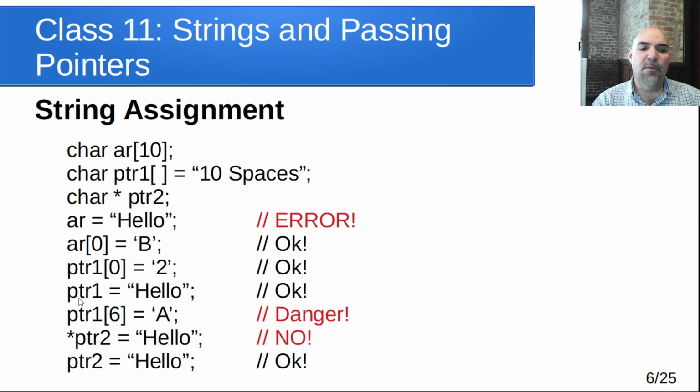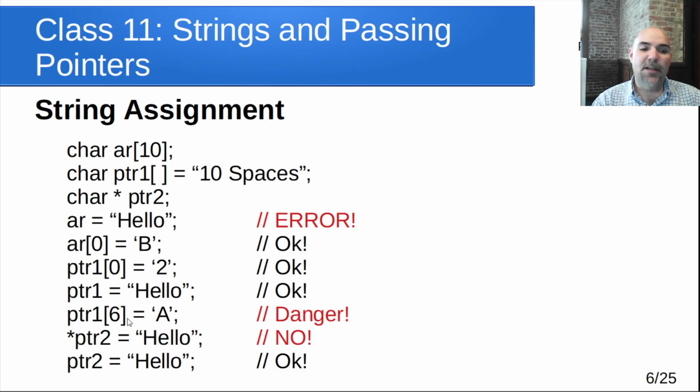I could also say point PTR1 at the word hello. That's okay. I could say PTR1 subscript 6, set that equal to A. In other words, 0, 1, 2, 3, 4, 5, 6 would be off the end of that hello that we put in there.